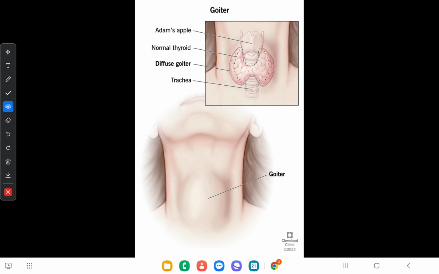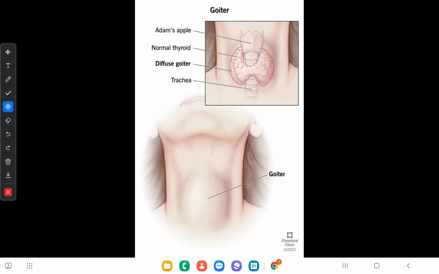Due to thyroid swelling, there may be pressure effects on the surrounding structures. Enlargement of the thyroid gland tends to compress the structures that are its anatomical relations. Those structures are: the trachea. If the trachea is compressed, the patient may feel dyspnea or shortness of breath.